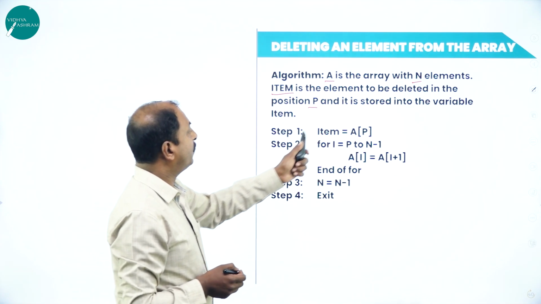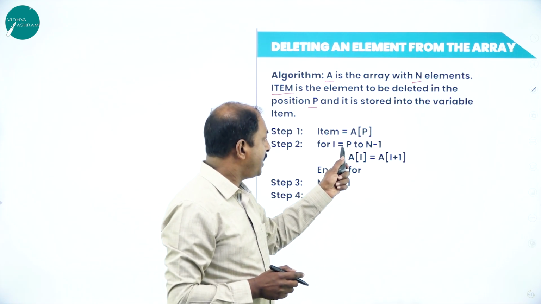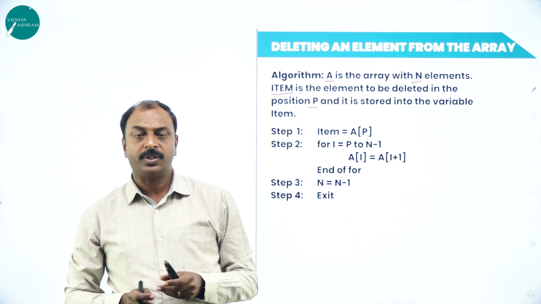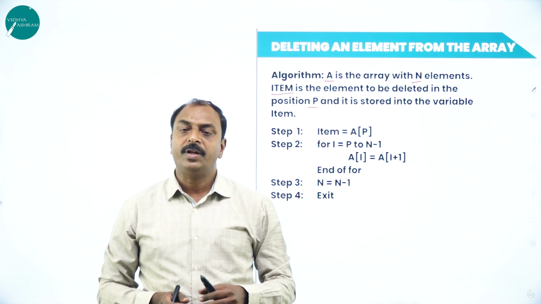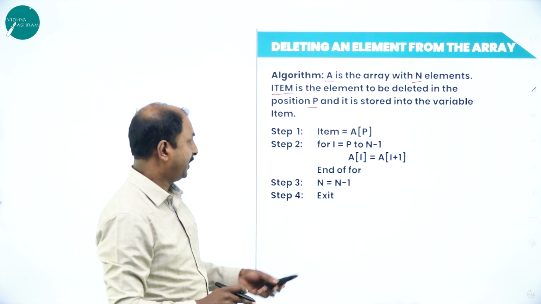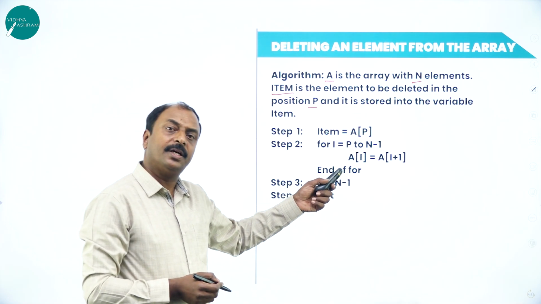So this is in a for loop. At the end of this loop, from the point P till the end at n minus 1, the data items of the higher order will be moved to the lower order index. So at the end of the loop, the element will be deleted.